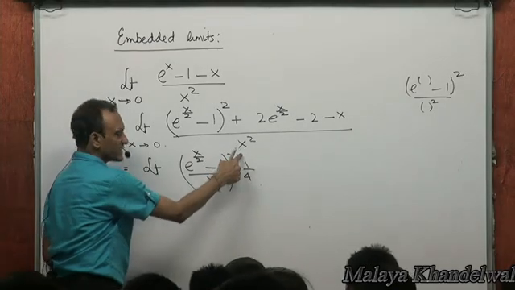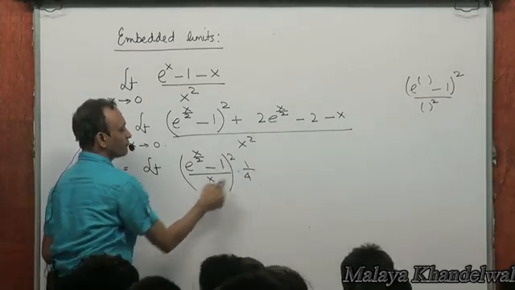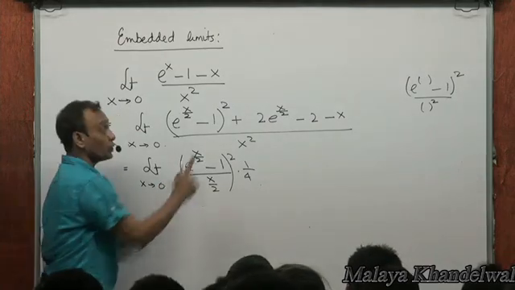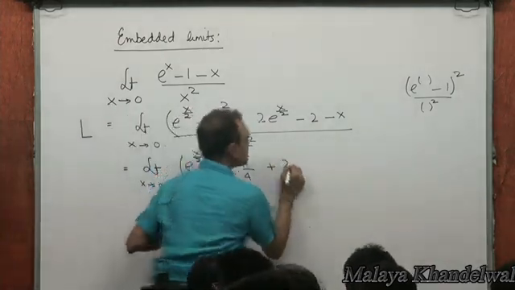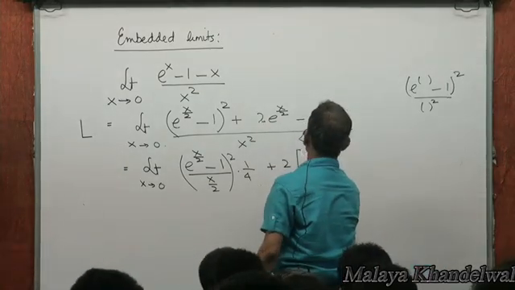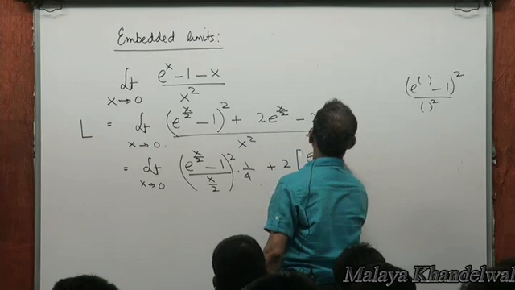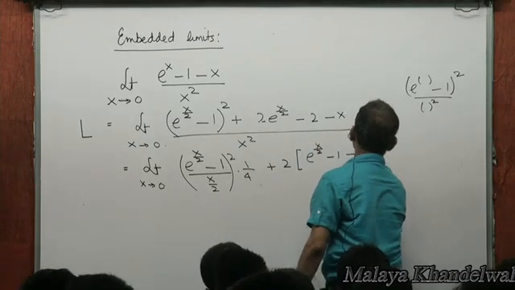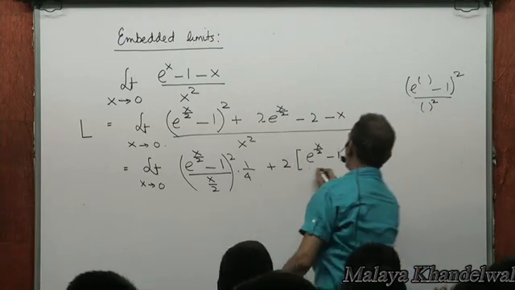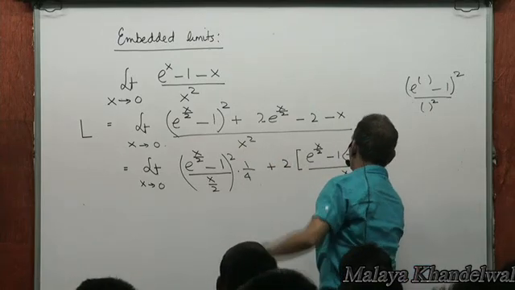This x I wrote as x by 2 whole squared, and this 4 balances this as x tends to 0, right? Then this twice, I take 2 common from this, and I end up getting e power x by 2 minus 1 minus x by 2. The numerator has all these x by 2's, so x squared I write as x by 2 whole squared.